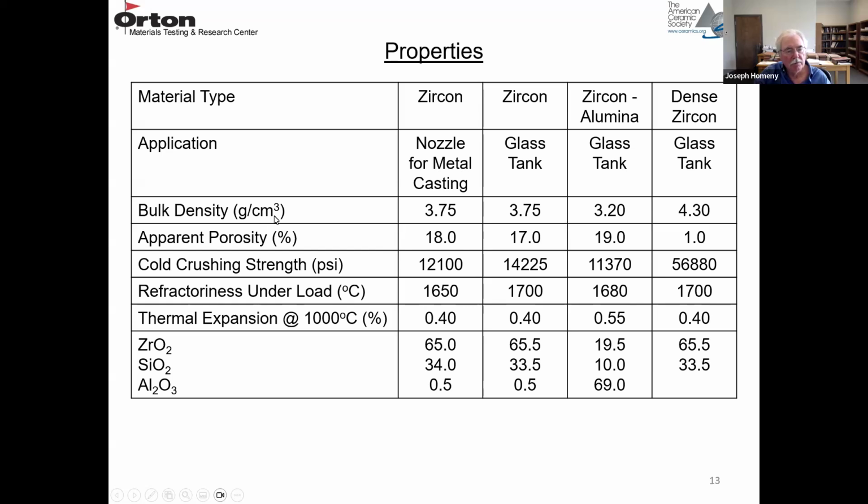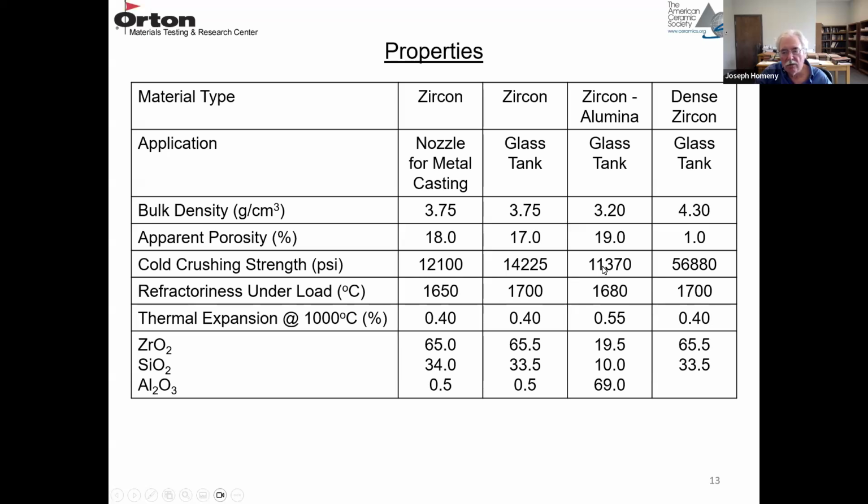So the density in grams per cubic centimeter, these are about 3.75. This one's lower because it has alumina additions. And then this one is high, 4.3, because it's processed at very low porosity, 1%. So these other three are typical 18, 17, and 19% porosity.